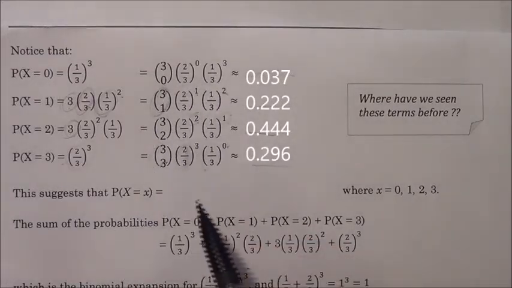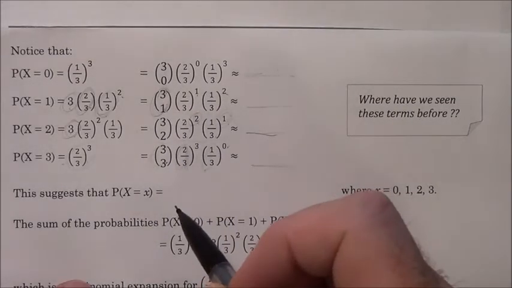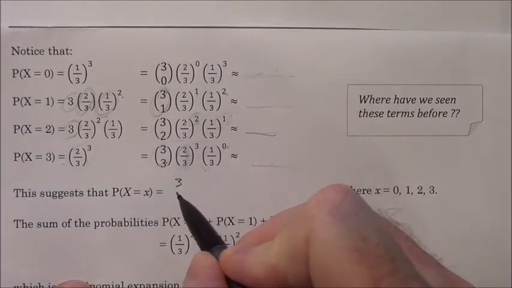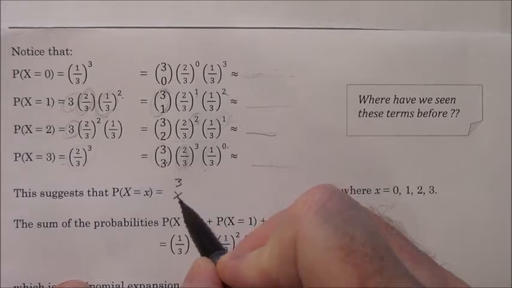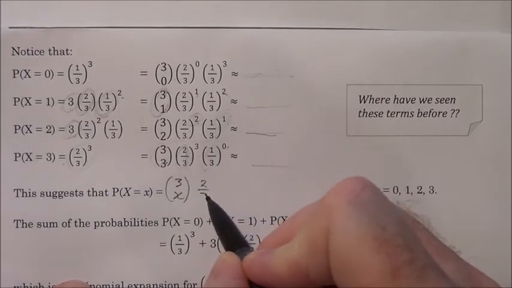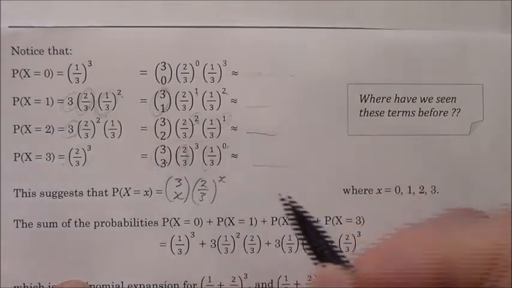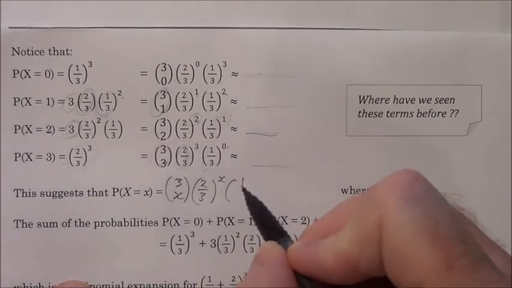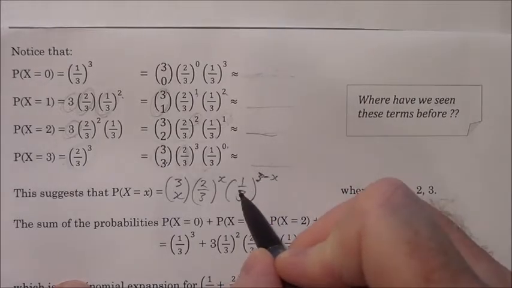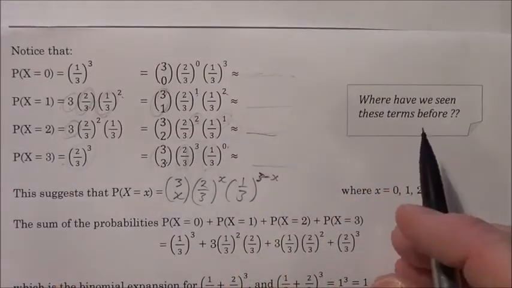If we take a look at all of this together and summarize it, this suggests that 3 choose x is equal to 2/3 to the exponent x multiplied by 1/3 to the exponent 3 minus x.